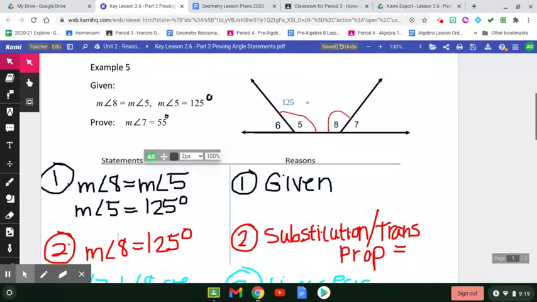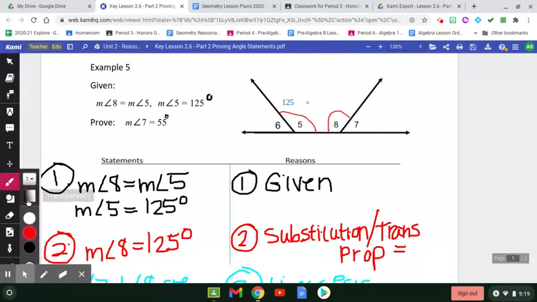I can say next that the measurement of angle 8 has to equal 125 degrees, and here's the reason why. Because you see this middleman here, the measurement of angle 5 popping up here, I can take out that middleman with the transitive property of equality. I can say that the measurement of angle 8 has to equal 125 degrees also.